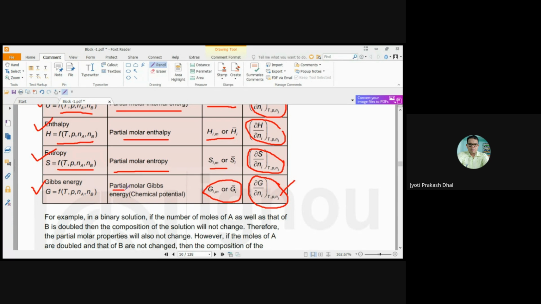This is called partial molar Gibbs energy, and its other name is chemical potential. Gibbs energy is a very important thermodynamic parameter, because as we have already studied in the last class, from the Gibbs energy we can find out the criteria for spontaneity of a process. The partial molar Gibbs energy is called chemical potential.